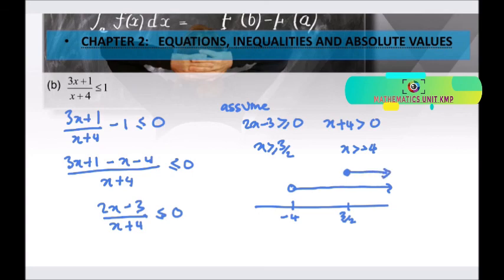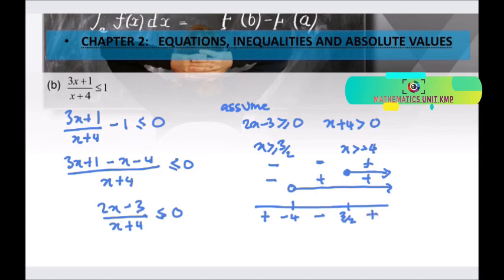Okay, so put the sign positive on the line and negative for the other section. Okay, simplify the sign, you get positive, negative and positive.